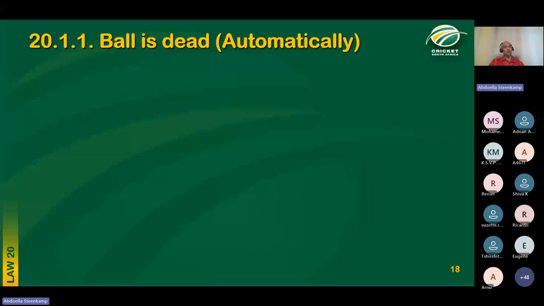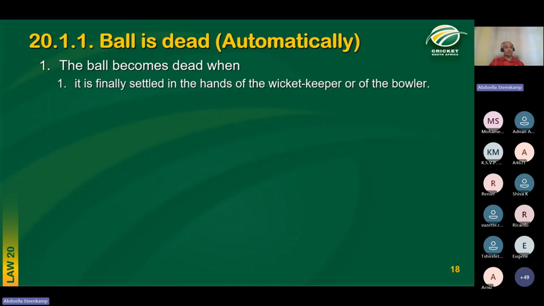And in 1 or 2 of them, it is good umpiring technique to actually call and signal dead ball, because a lot of the players don't know the law. So if you do see it happen, call and signal dead ball loudly to inform the players that the ball is now dead. And as soon as you've uttered those words, ball is dead. Anything that happens after that is irrelevant. So what are the 8 instances where the ball automatically becomes dead?